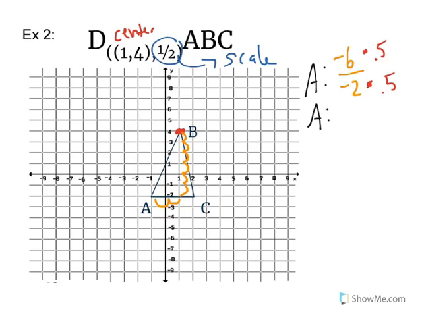So our rise over our run for A prime will be negative 3 over negative 1. So we're going to go down 3 and to the left 1. So from the center, 1, 4, we're going down 1, 2, 3, and to the left 1. So that is where our A prime will be.